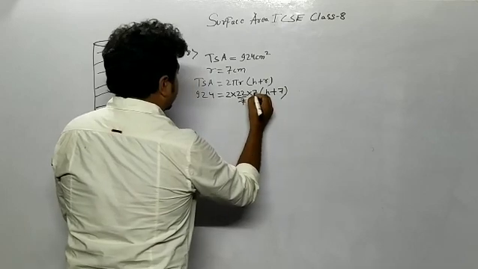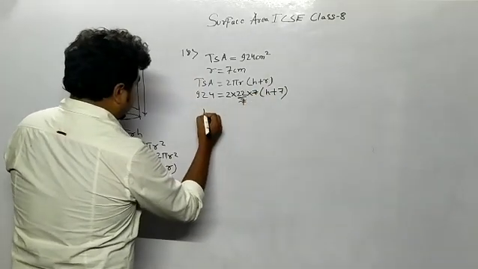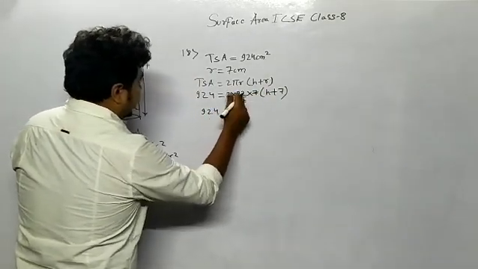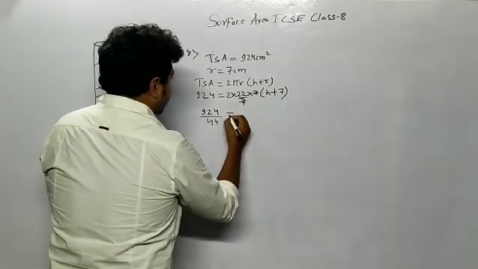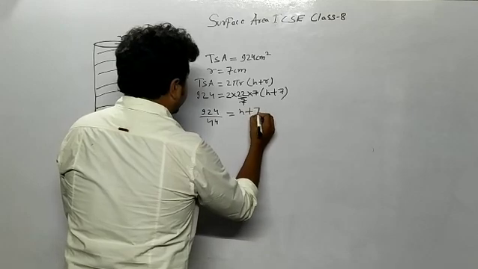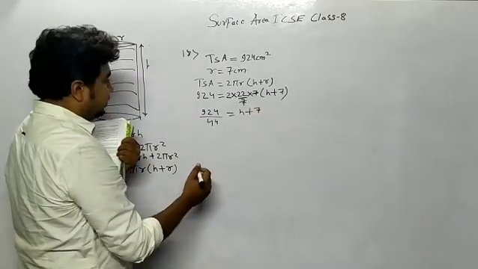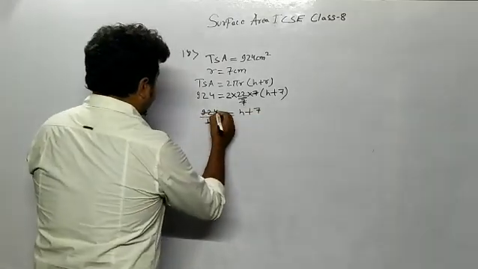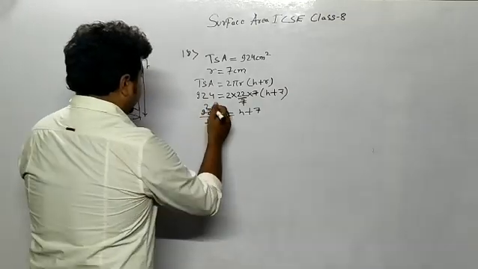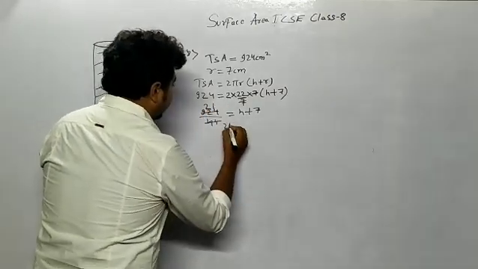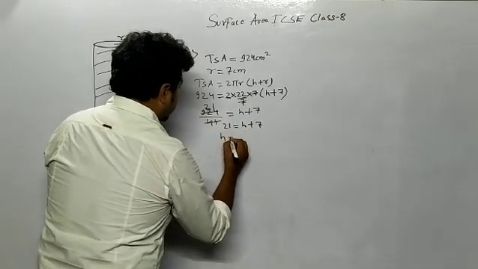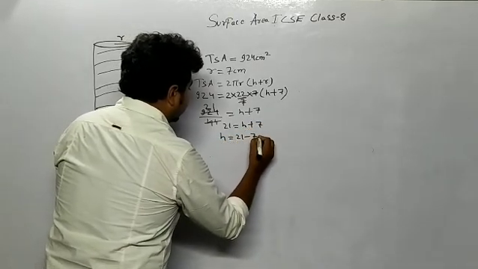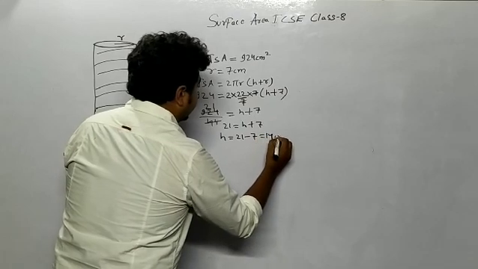From here 7 and 7 will get cancelled. 924 divided by 44 gives 21, which is equal to h plus 7. H is equal to 21 minus 7, which is equal to 14 centimeter.